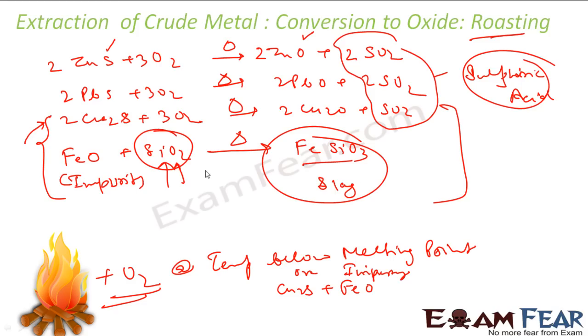You don't need to repeat the process again and again. So in this case, I had a copper ore which had iron oxide as an impurity, so we added SiO2, that is silica, before this process, so that when the ore is heated, my impurity is converted to slag.